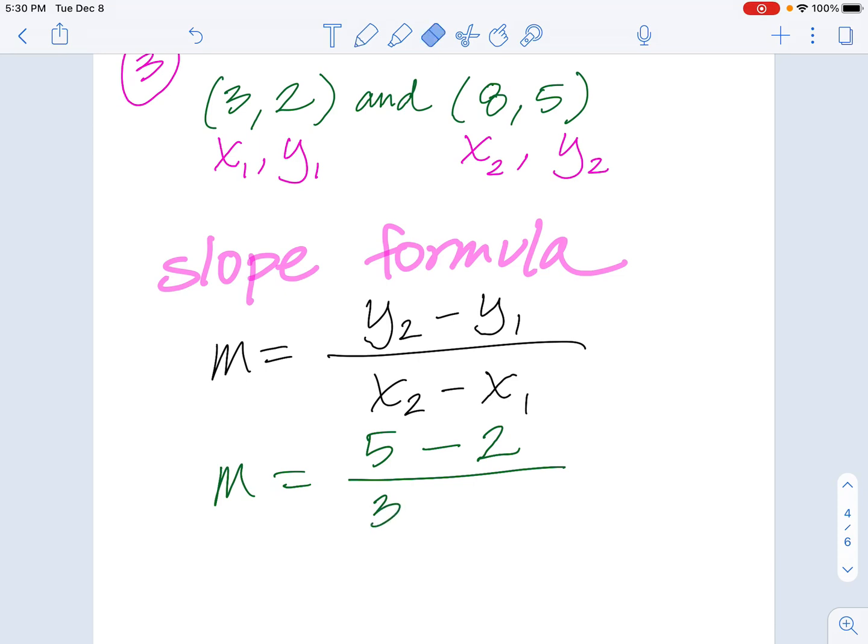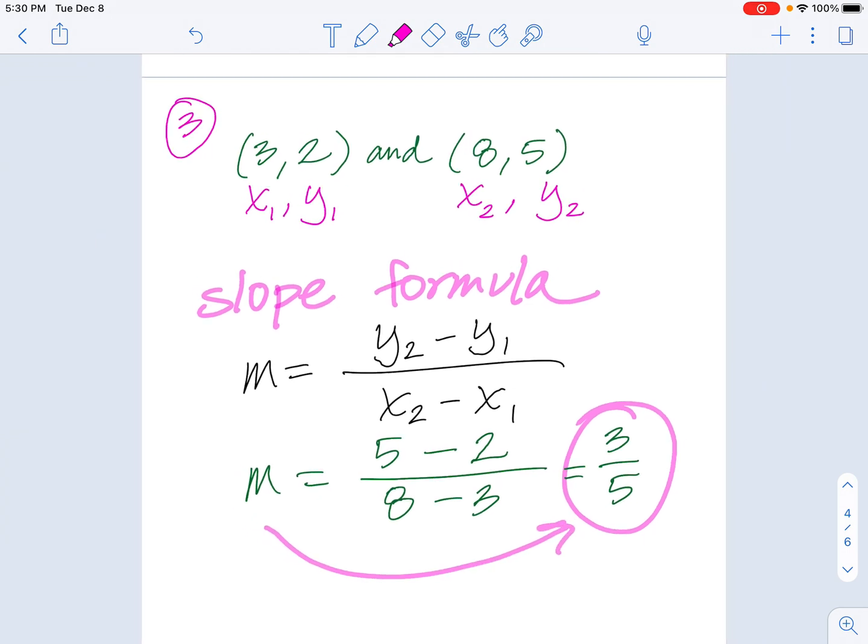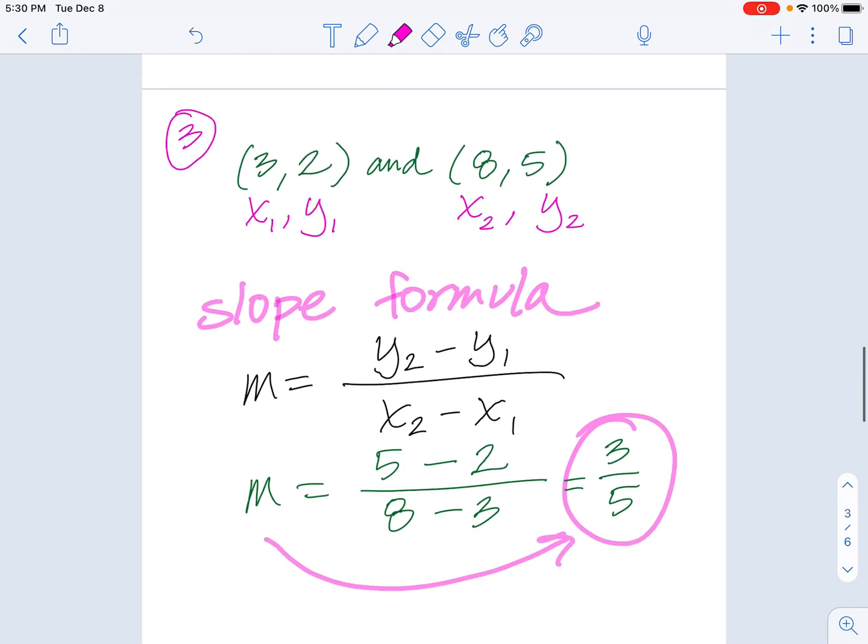Oops, sorry, that's wrong. x2 was actually 8, wasn't it? And x1 was 3. And now we just have to simplify. 5 minus 2 is 3, and 8 minus 3 is 5. And there is our slope. That is the slope of the line that includes those 2 points, using the slope formula.